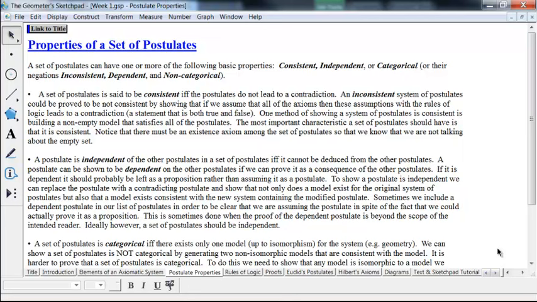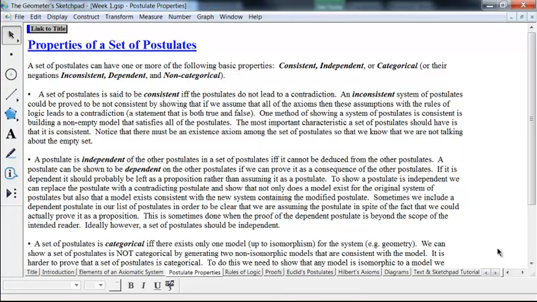I've seen this done in high school texts when they'll take, for example, the side-side-side theorem from the study of Euclidean triangles to be a postulate because they don't want to go through the proof, although the students at that level could understand a proof, as we'll study later on in the course. But generally speaking, we don't want a postulate to be dependent. So if it's independent, it cannot be derived or proved from the other postulates.